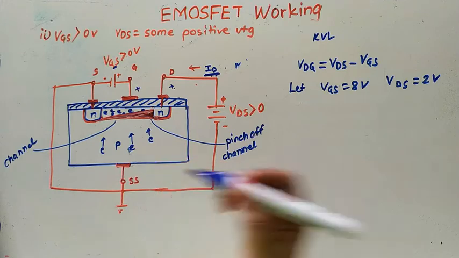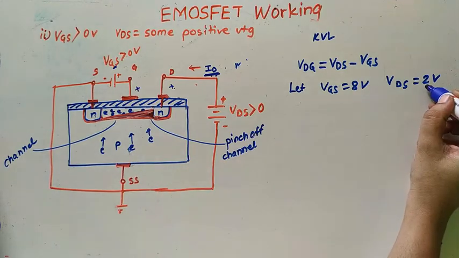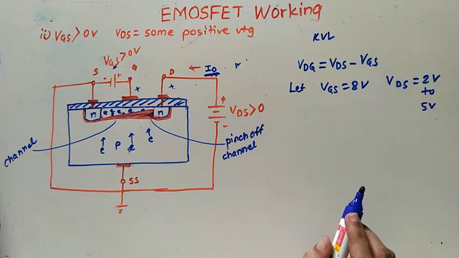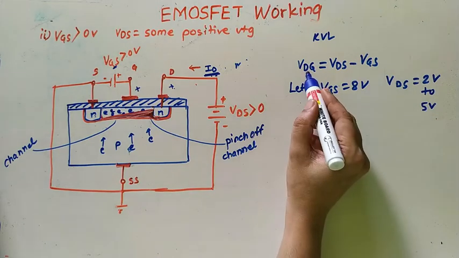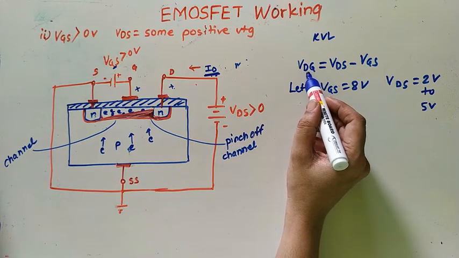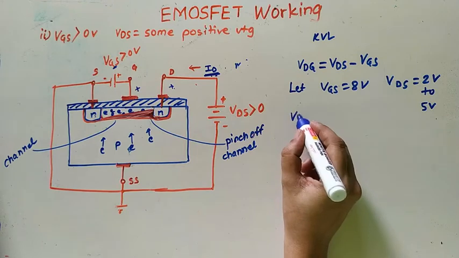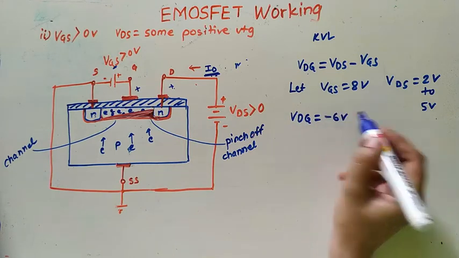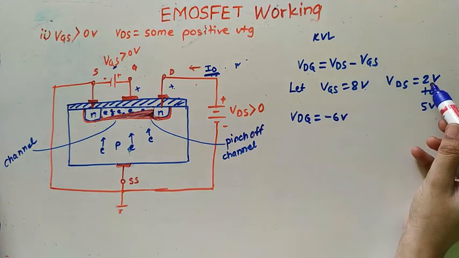Now we increase the VDS from 2 volt to 5 volt. What will happen? The voltage drop between the drain and gate terminal, that is VDG, initially was minus 6 volt, when VGS is 8 volt and VDS is 2 volt.